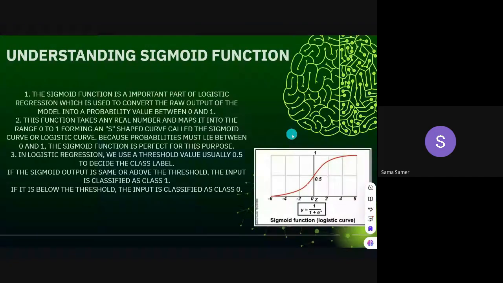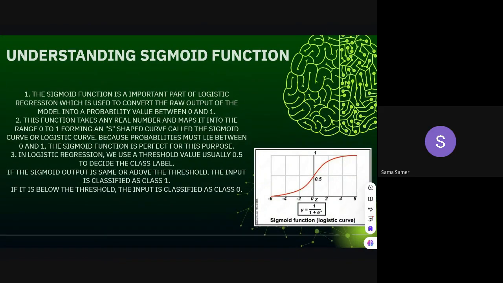Is there any question until now? Okay, perfect. Now we will go to the main part of logistic regression, which is the sigmoid function.